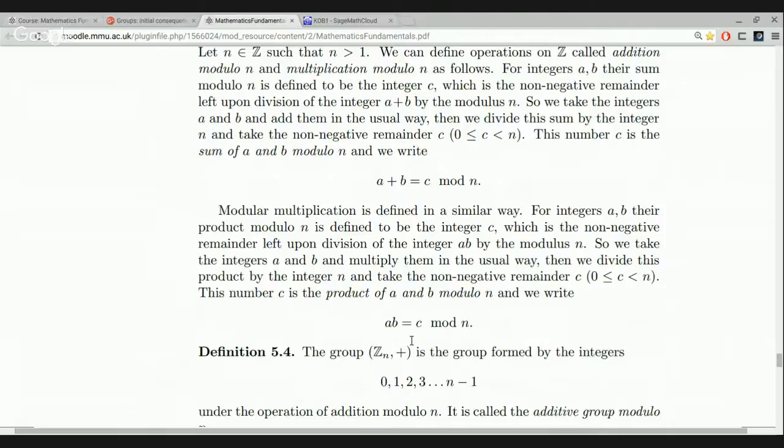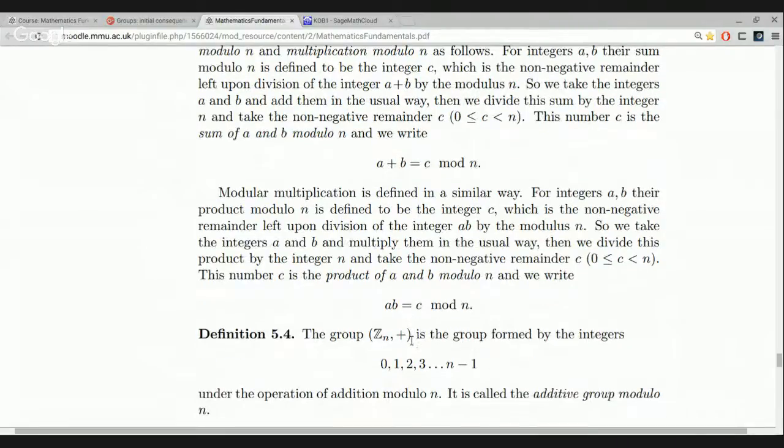You always get a remainder between 0 and strictly less than n. Now for multiplication, you see, not every element has an inverse under multiplication modulo some modulus.